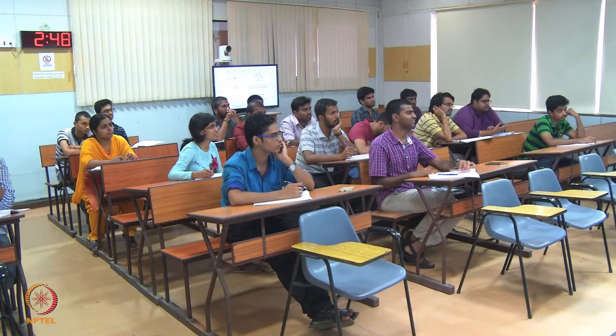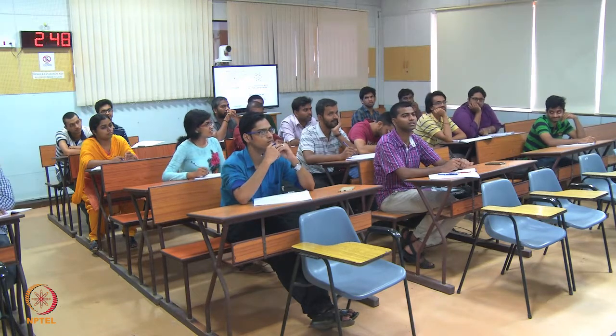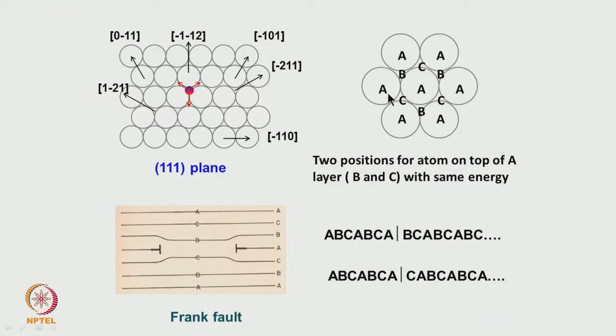Okay, now you look at this one. This is an A layer on top of which, it's a hexagonal arrangement in FCC, right? <111> plane. In this, there are some gaps. In this hole, the next layer of atoms can come, or the next layer of atoms can come on these holes.